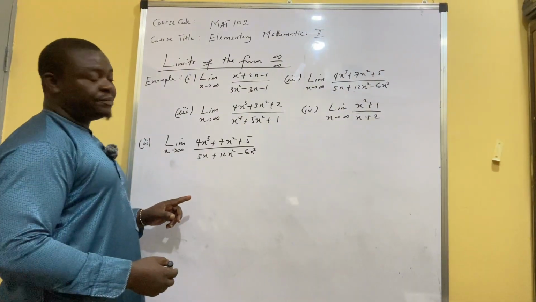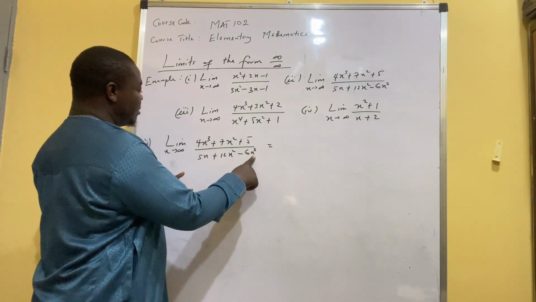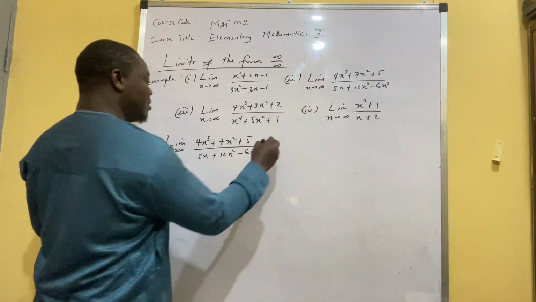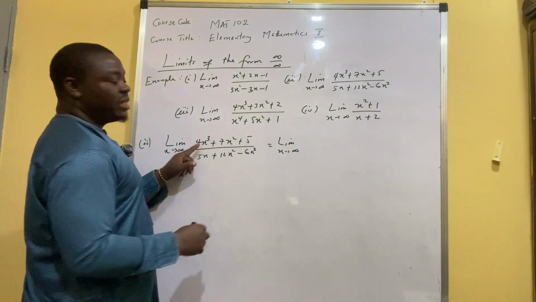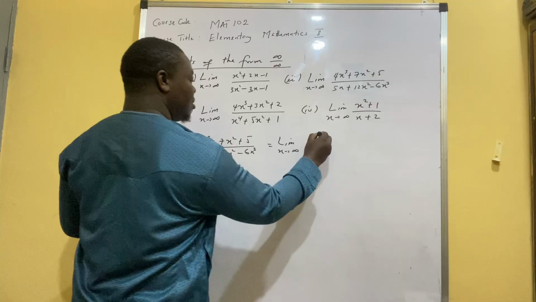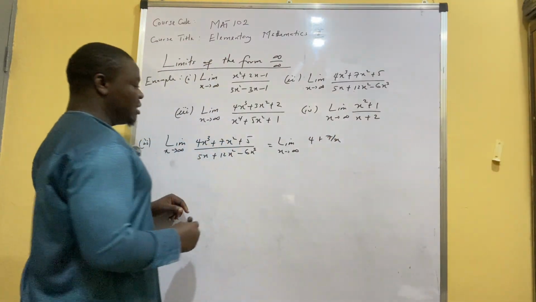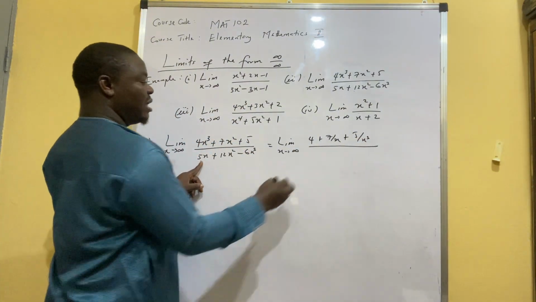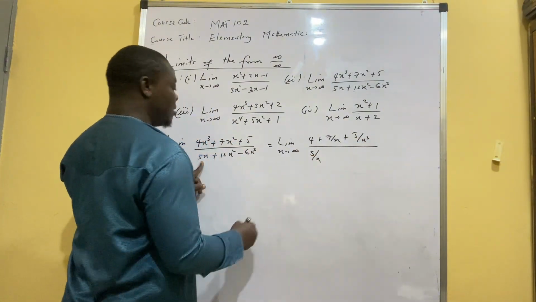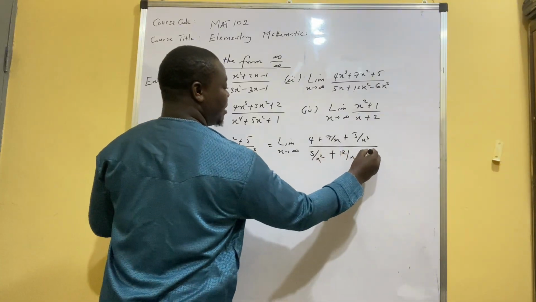The second example, we do the same thing. The highest power of x is x cubed, so we divide each term by x cubed. We have the limit as x tends to infinity. Dividing by x cubed, we have 4 left, plus 7x squared divided by x cubed gives 7 over x, plus 5 over x cubed, divided by 5 over x squared plus 12 over x minus 6.